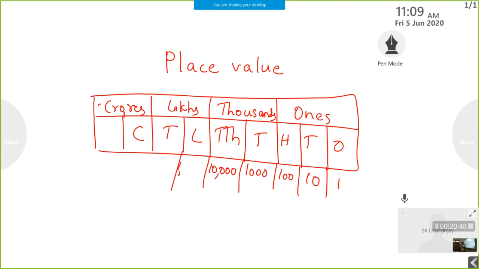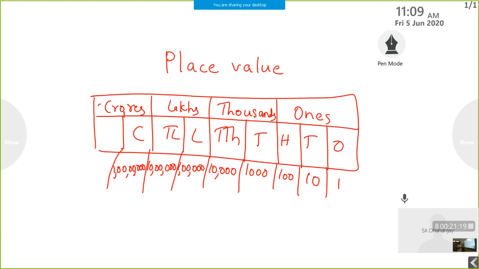The lakhs place has the value 1 lakh. The 10 lakhs place has the value 10 lakh. And the crores place has the value 1 crore. So, in the place value chart, we have different places and each place has its own value.